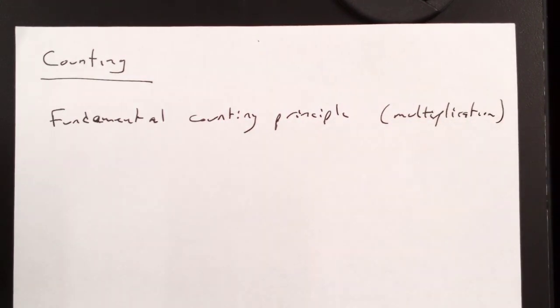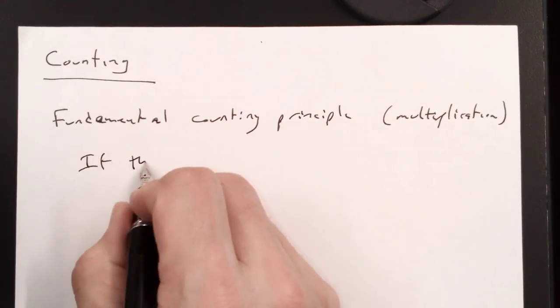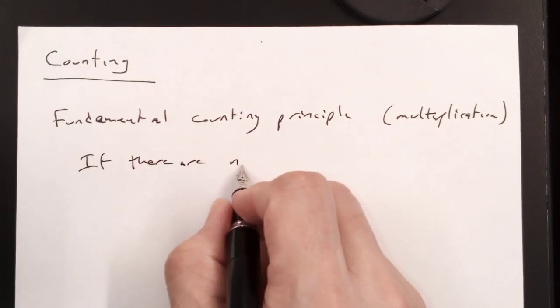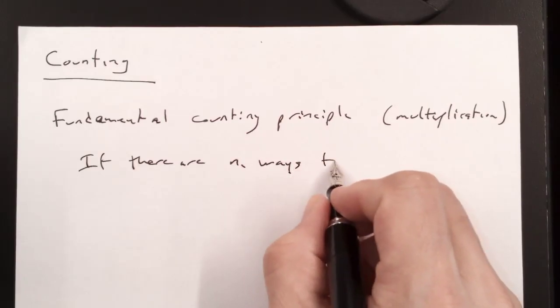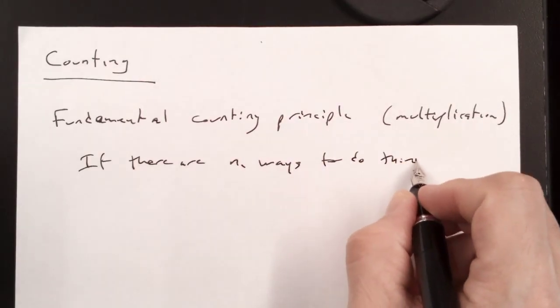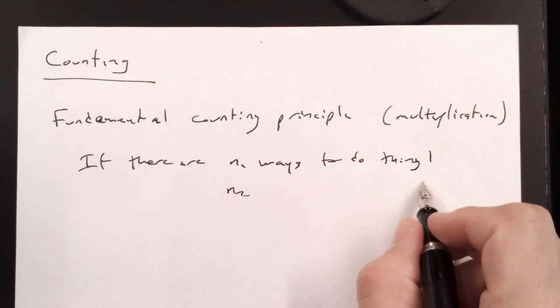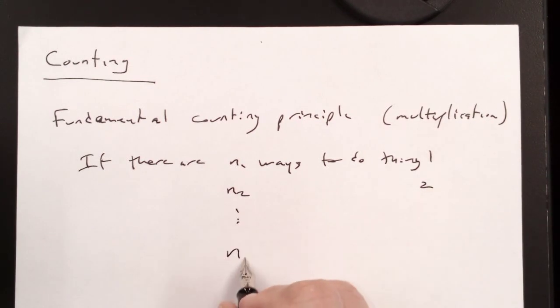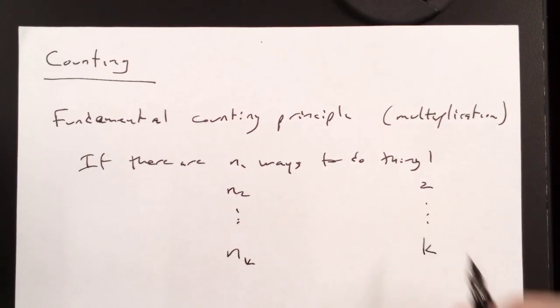fortunately for us, Seth, your original idea, 10 to the power of digits, is really an application of this multiplication idea. The fundamental counting principle says if there are n1 ways to do thing 1, and n2 ways to do thing 2, all the way up to nk ways to do thing k.